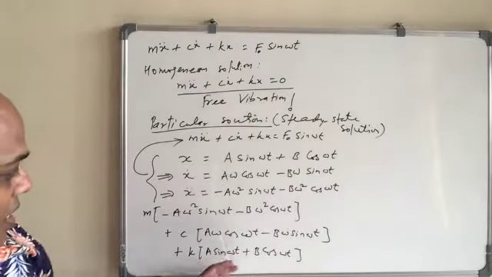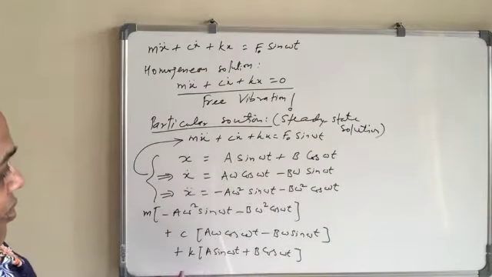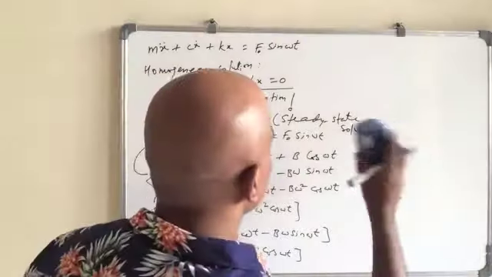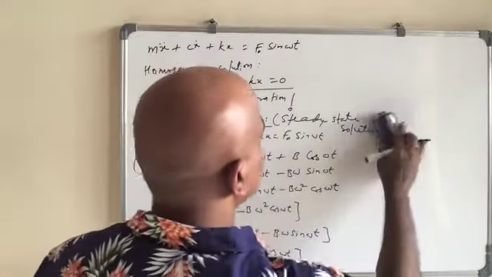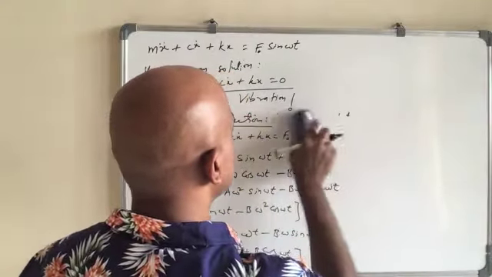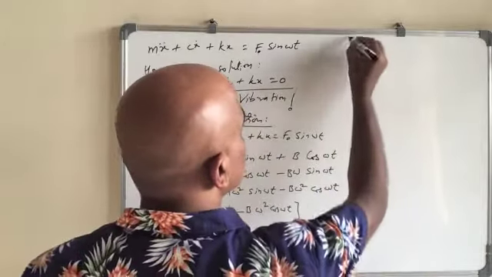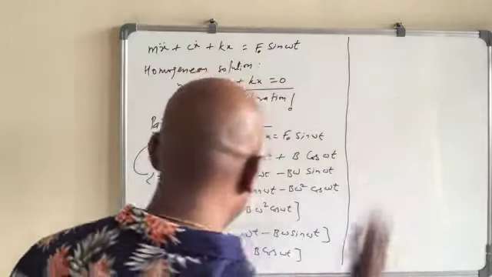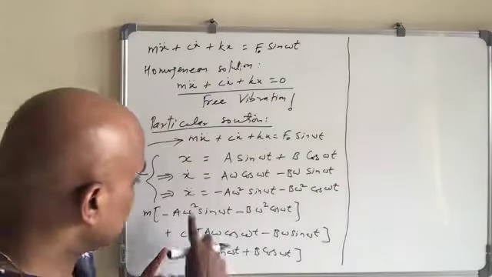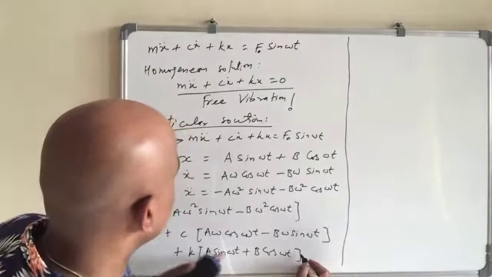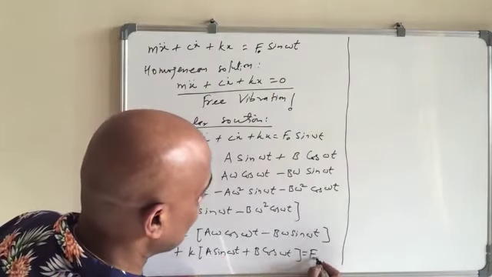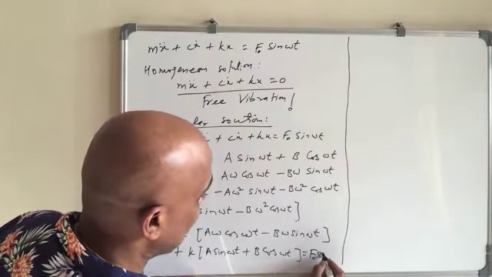Okay. Now we need to simplify it. So let me delete this part and use here. This is equal to F naught sine omega t.